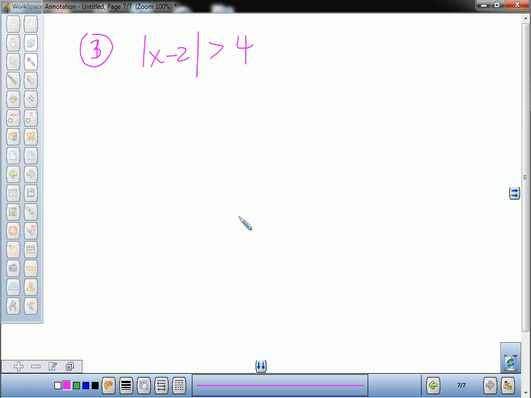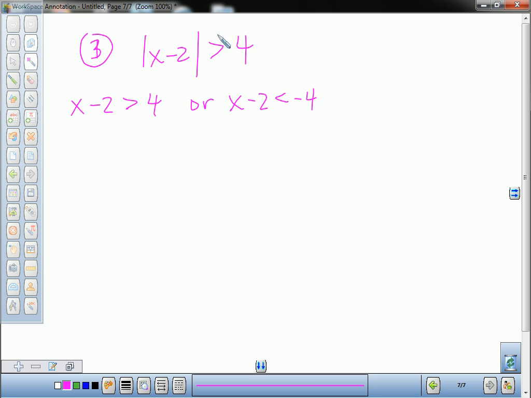Okay, the last thing we want to talk about is how does that change if it's an inequality? The absolute value of x minus 2 greater than 4. It's the same idea. All of this greater than 4. Or this is where when we change to a negative, it's going to flip this sign, less than -4.